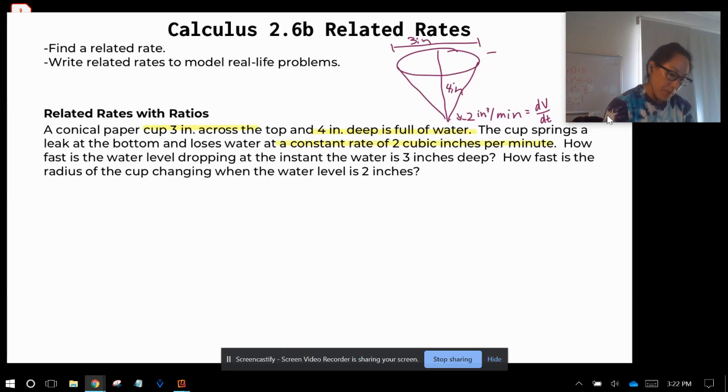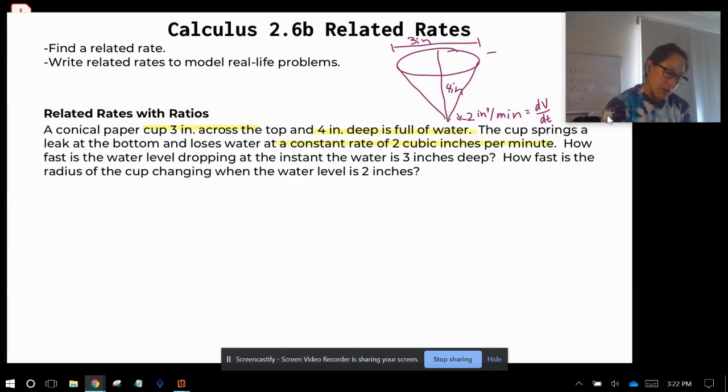All right. So how fast is the water level changing at the instant the water depth is 3? How fast is the water level dropping? How fast tells me it's a rate. So I know all of this, basically, and I want to know the water level. Water level would be the depth.